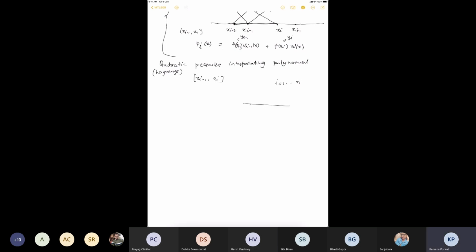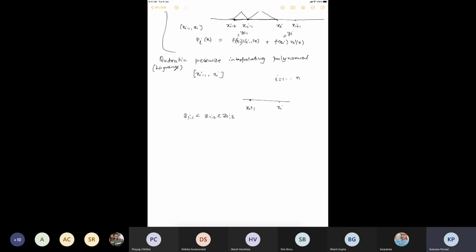If I talk about the interval x_{i-1} to x_i, I will require 3 nodes, right? So now let's call those nodes z_i1, because for each i you will have the same thing. So I'm also using the i in the subscript: z_i1, z_i2, and z_i3.